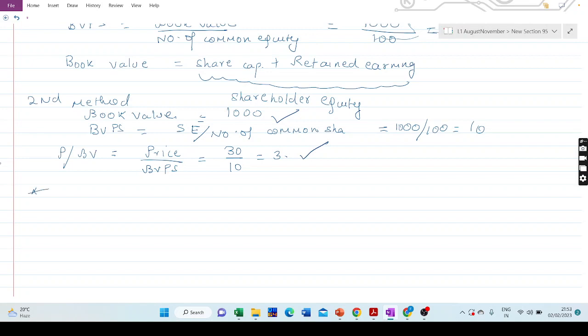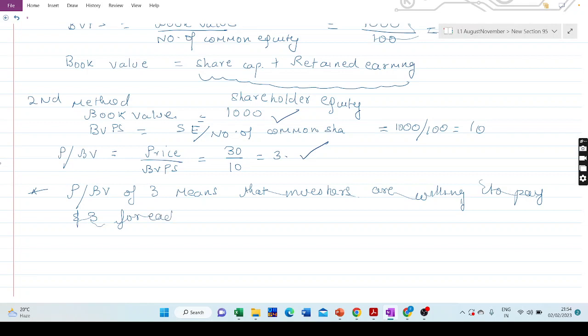Please note down: a price to book value of 3 means that investors are willing to pay $3 for each dollar of book value.